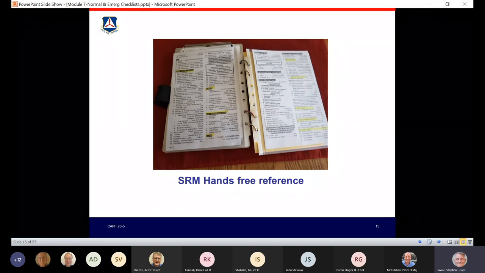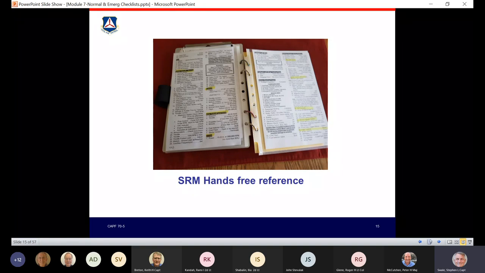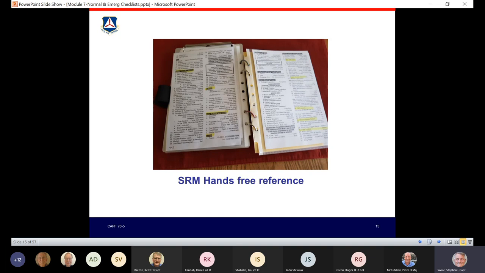And I know that if something's on fire, I flip to the next page, and there I will see the fire stuff, because I don't want to be playing around looking for things with those particular flavors of emergencies. So this is something you can do, since we can print NHQ approved checklists.